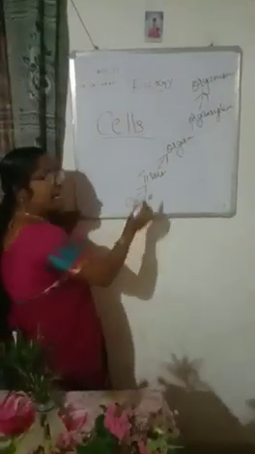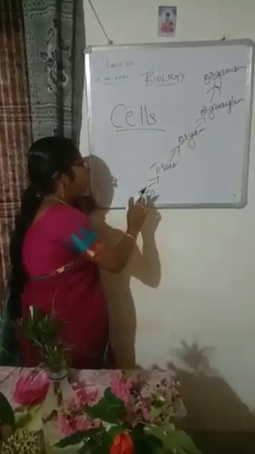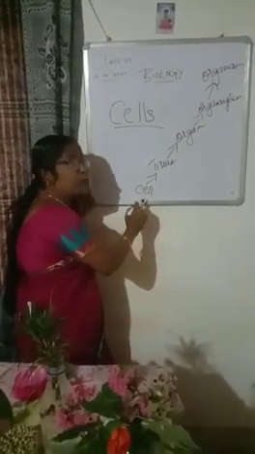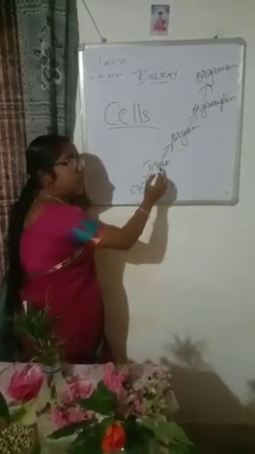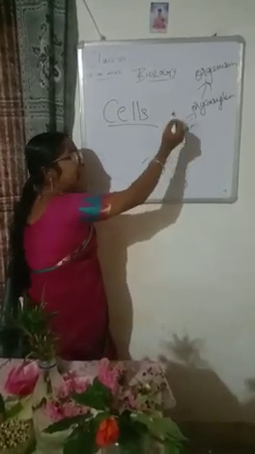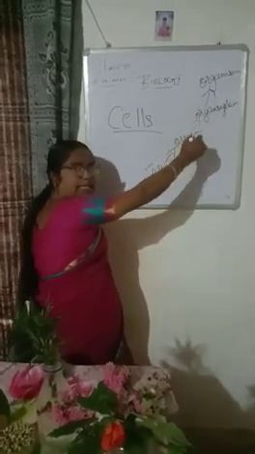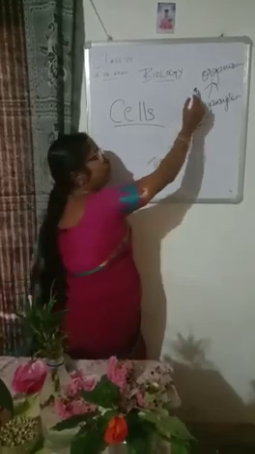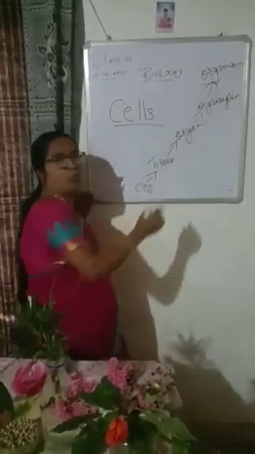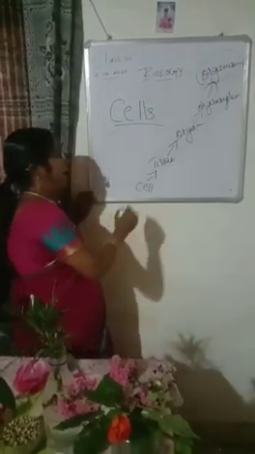And this is known as level of organization. That is, a cell develops into a group of cells that together form tissues, and a group of tissues together form organs. A group of organs together form organ systems, and these organ systems assemble together to form an organism. So we are organisms.